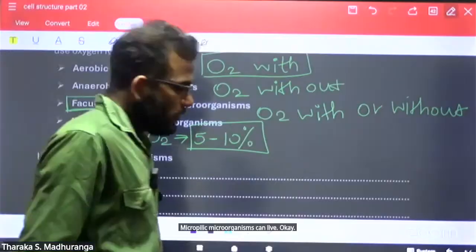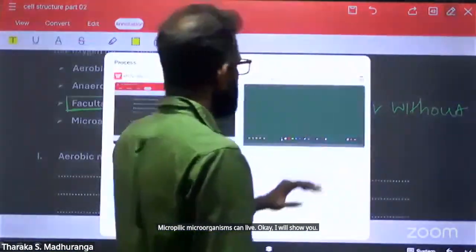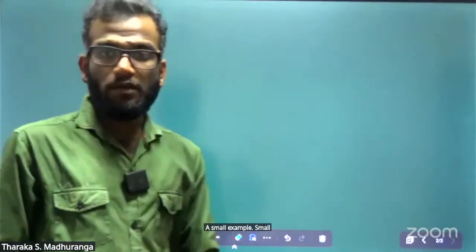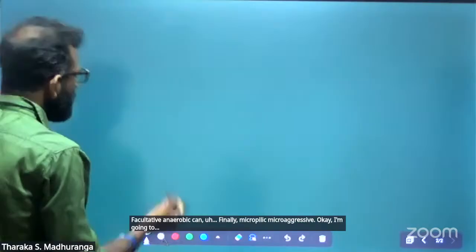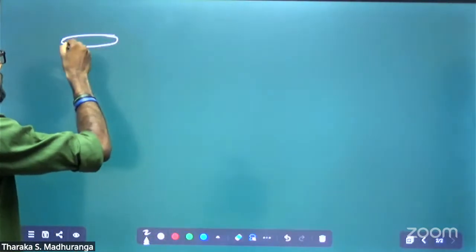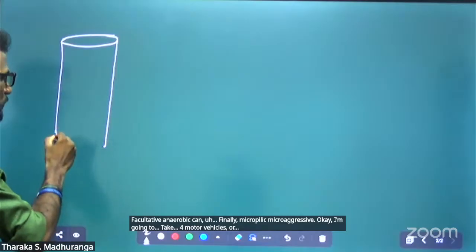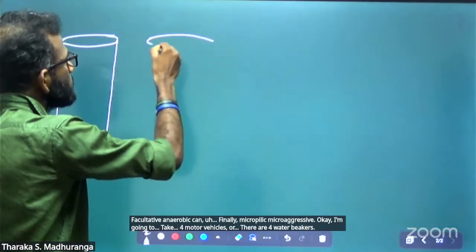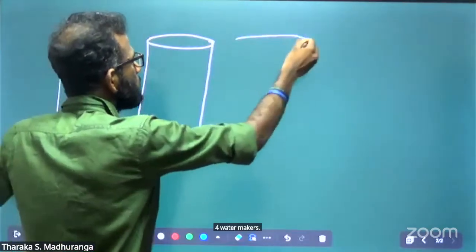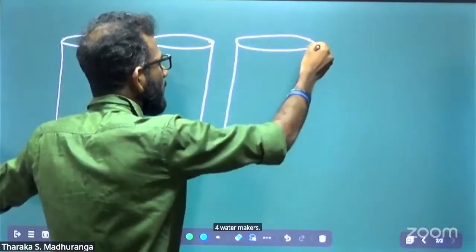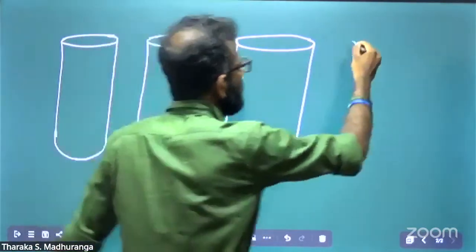Okay, I will show you a small example to understand aerobic, anaerobic, facultative anaerobic, and finally microphilic microorganisms. I'm going to take 4 water beakers of the same size.